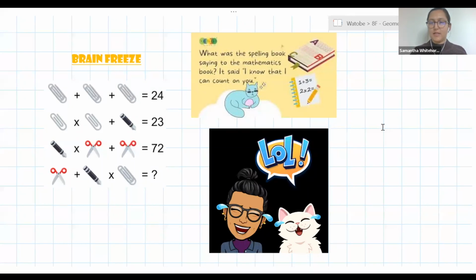Okay, I see some hands. I'm going to assume these hands are to answer the brain teaser. So we're just going to give everyone a second to get there, and then we can have a look.